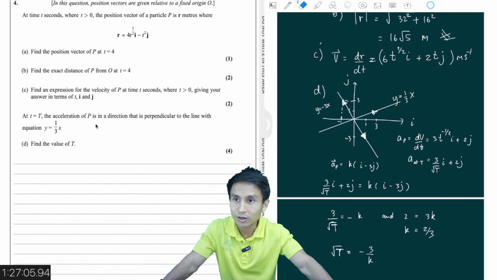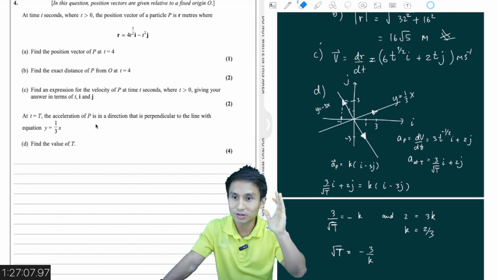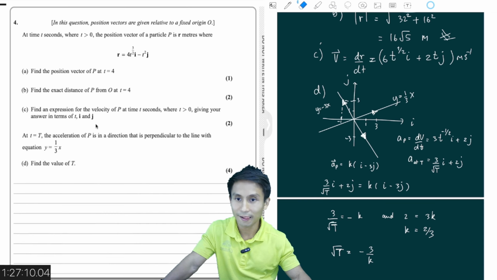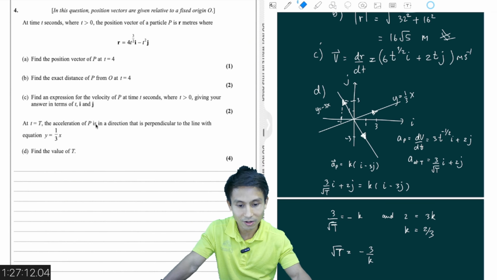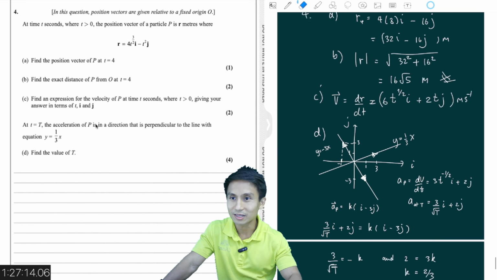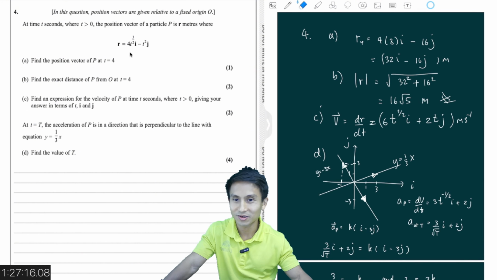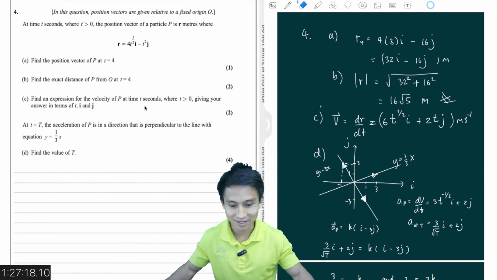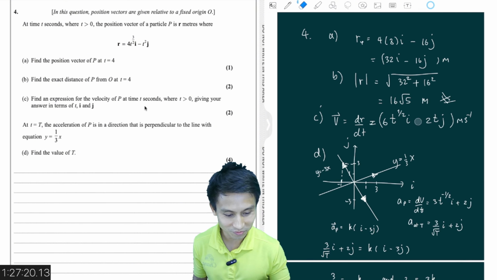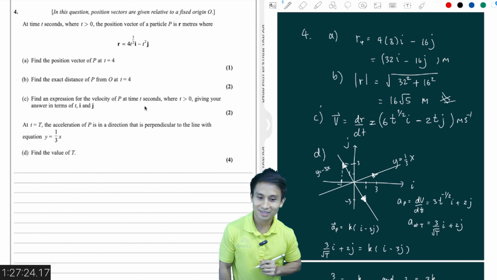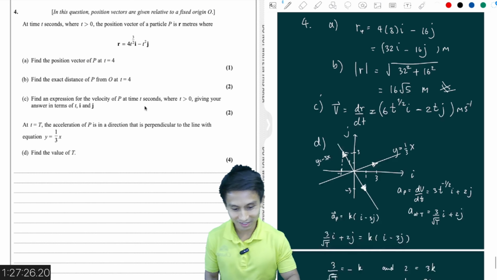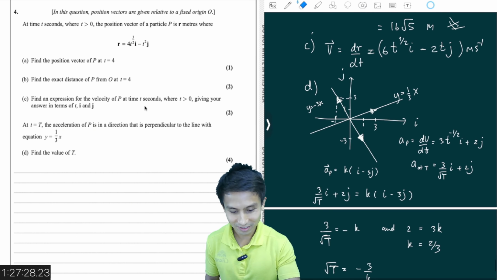Okay, I still have time. I'm going to take some time to double check here and see if I missed anything. Oh, wait. Yes, I saw it now. I differentiated incorrectly from part C. This should have been a minus.